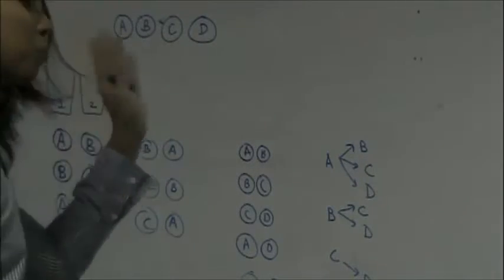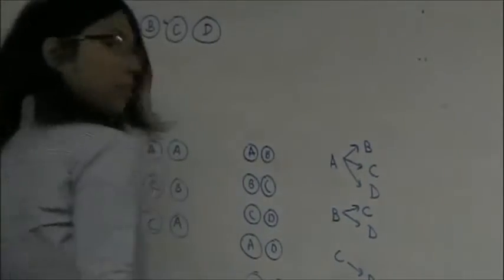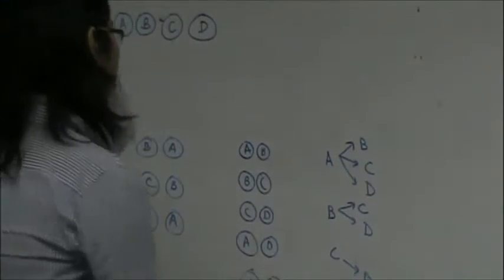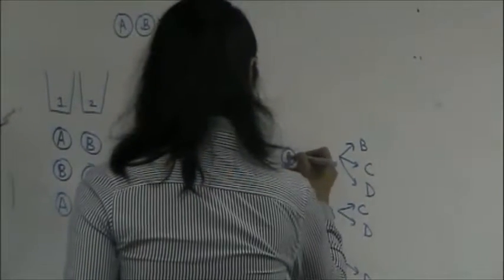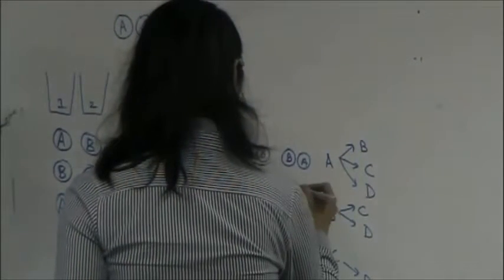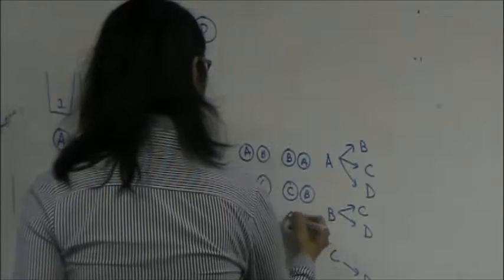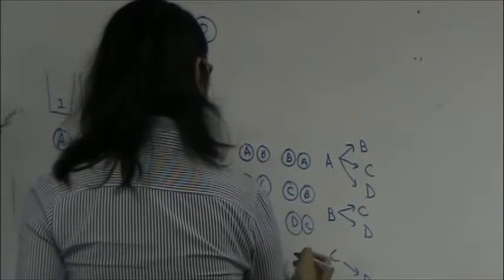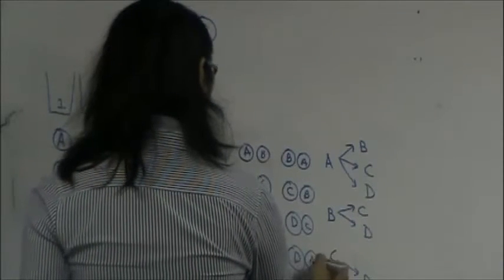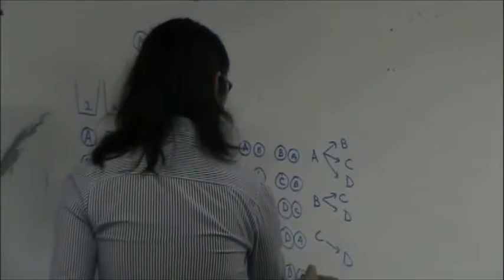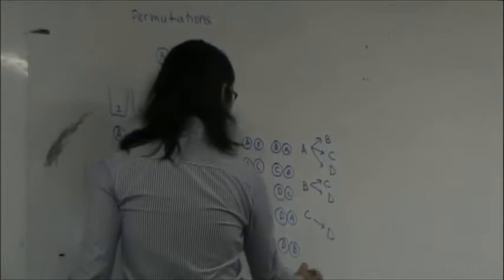And then you just multiply it by 2, so you just keep it down. C and D, E and C, D and A, B and B, C and D.